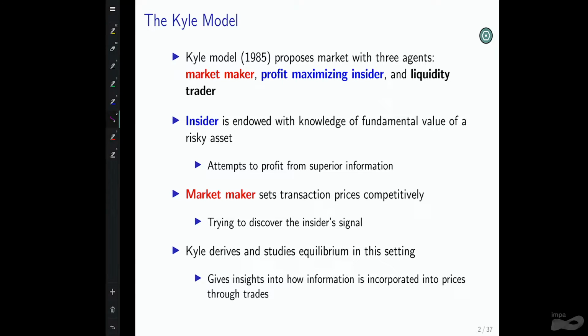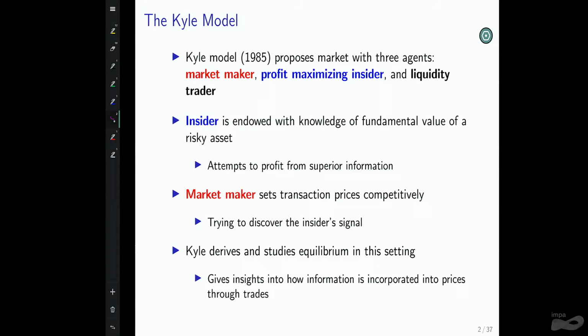The Kyle model proposes a market with three distinct types of traders or agents: a market maker, a profit maximizing insider, and a liquidity trader. The ones marked in red and blue, the market maker and the insider, are strategic traders. They're actually accomplishing some kind of objective.